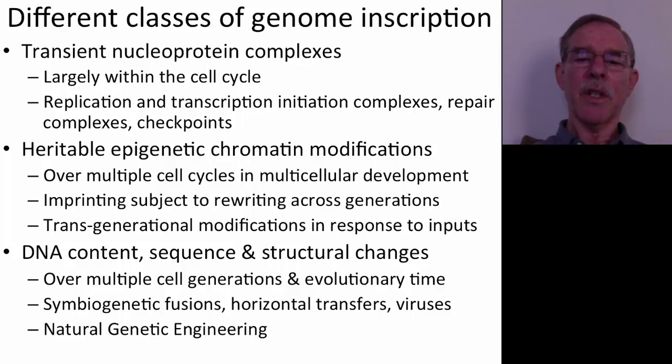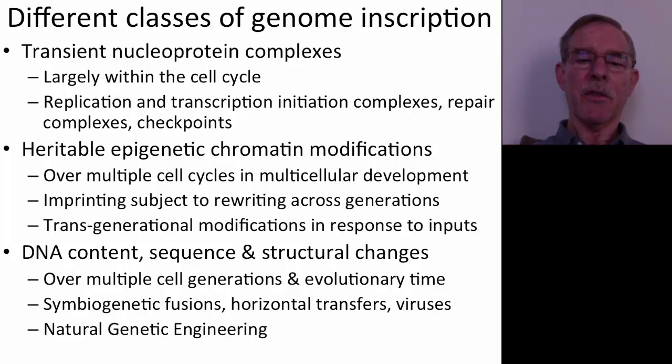And then chromatin changes can be imprinted and subject to rewriting across generations. We're beginning to learn a great deal about transgenerational modifications of chromatin inscriptions in response to various environmental and behavioral inputs.